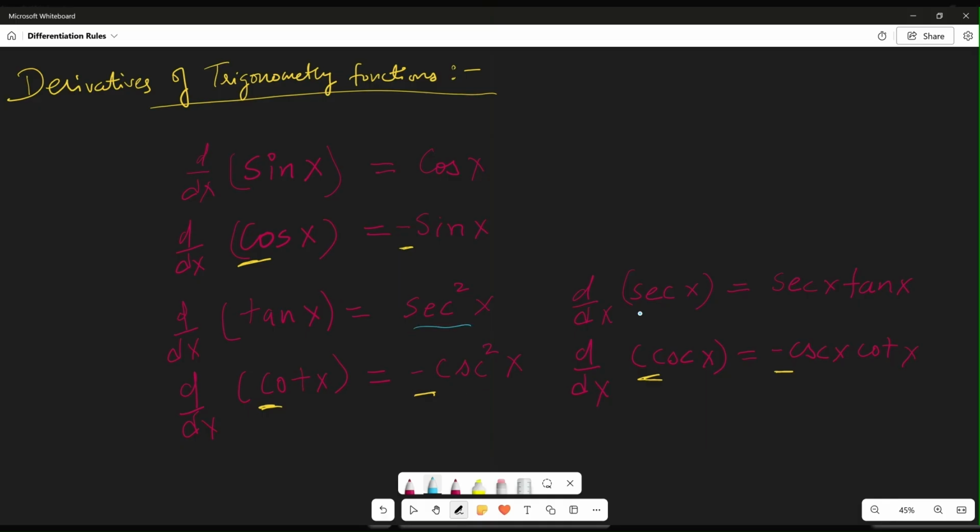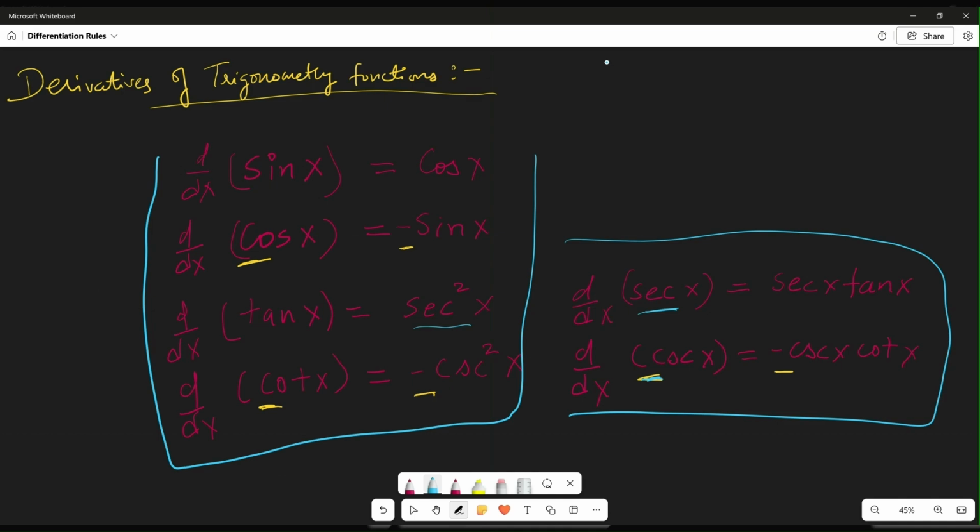If you just memorize these 4 formulas only, because once you have these correct, the derivative of secant is simply taking 1 secant from here multiplied by tan x, and the derivative of cosecant is taking 1 cosecant, but with a negative sign, times cot x. I really hope you guys are understanding what I'm trying to say.